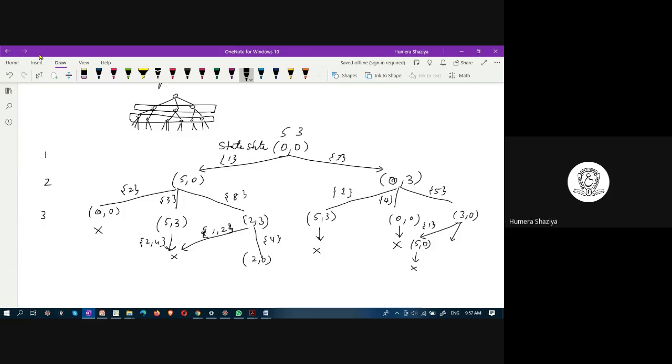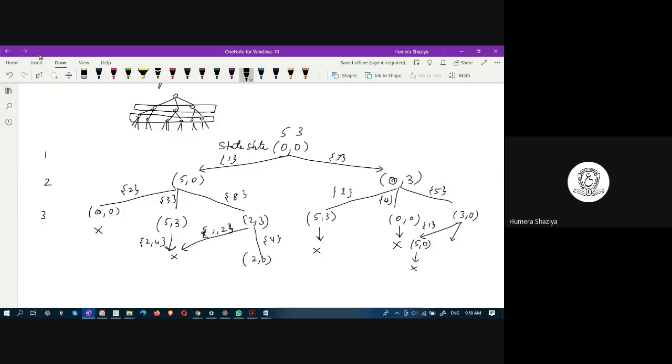So, students, today's task is to complete this and also try to find the solution using DFS. DFS is depth first search, where you expand a state by going in one direction.